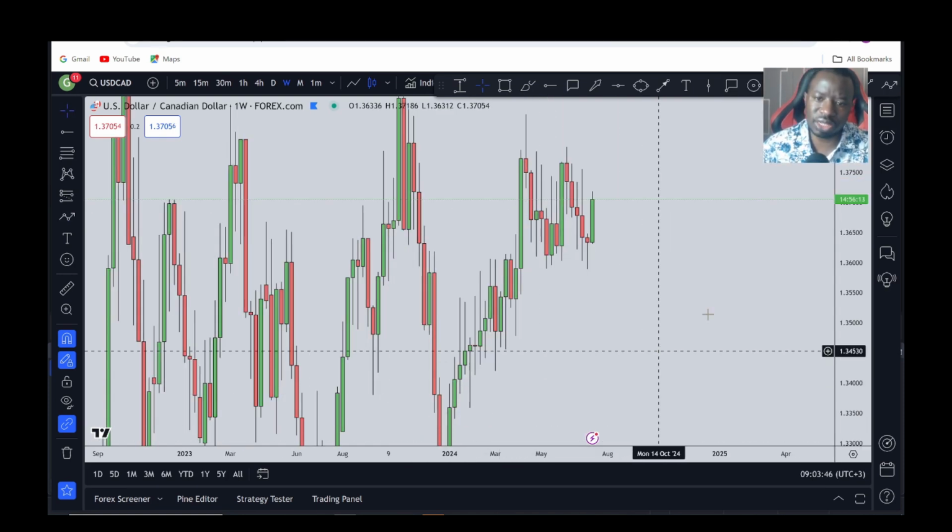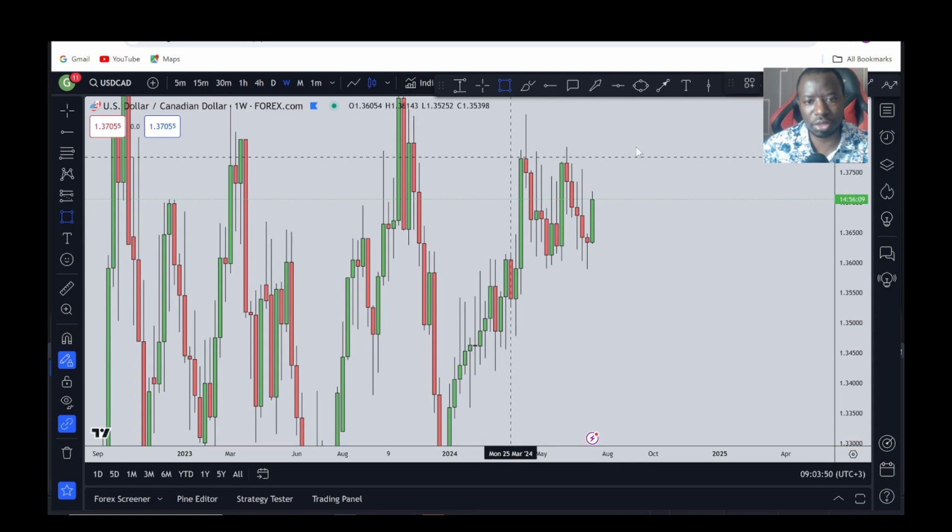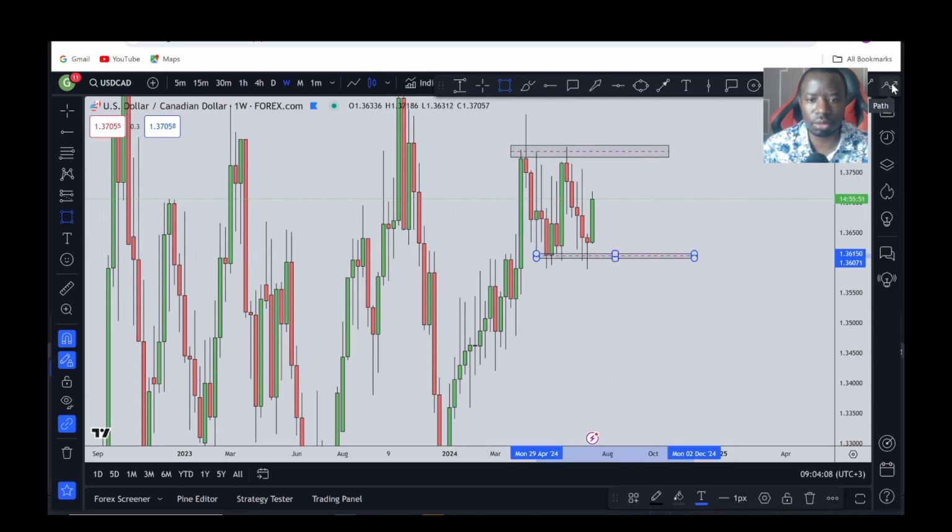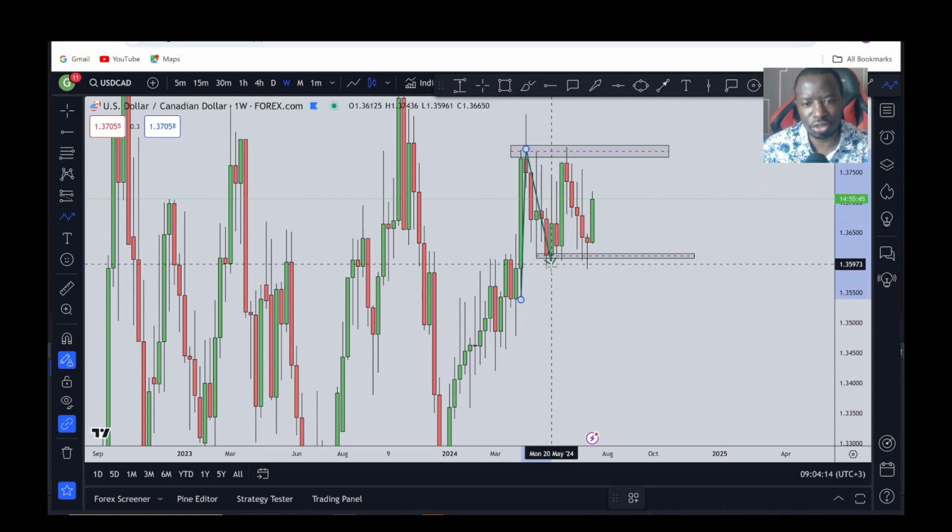Now on this weekly time frame, we see that price is also ranging between these highs and these lows here. We see that price moved into this level here, retraced to this point here, bounced off this support area back to the upside, touched this resistance area and bounced off down to these lows here.